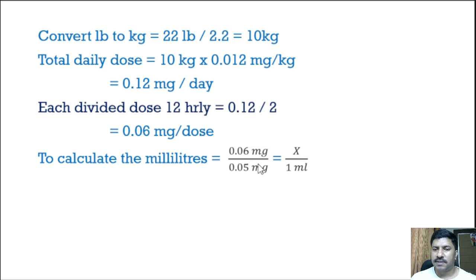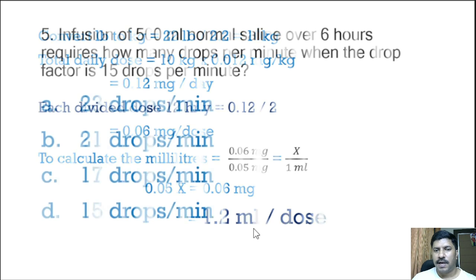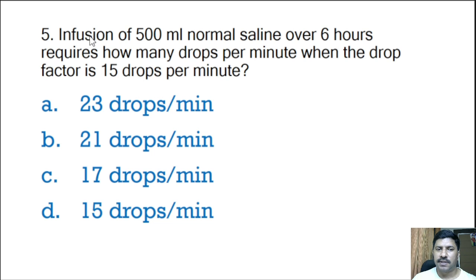Then we apply these values and cross multiply: 0.05x equals 0.06 milligram. By solving this, x equals 0.06 divided by 0.05, that is equal to 1.2 ml per dose. To get 0.06 milligram, we need to administer 1.2 ml digoxin. I think it is clear. Then we will go to the next question.